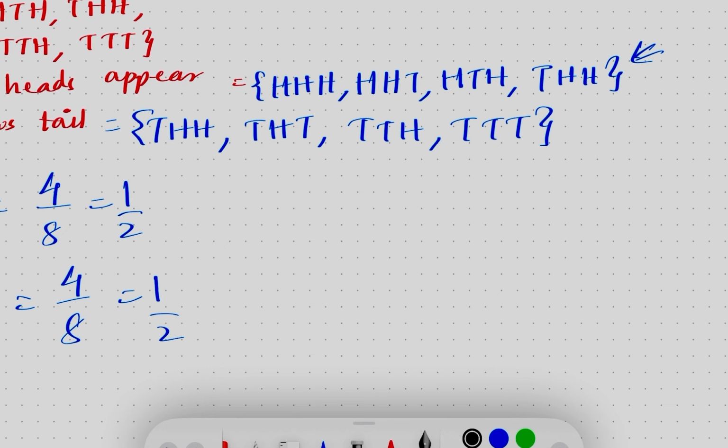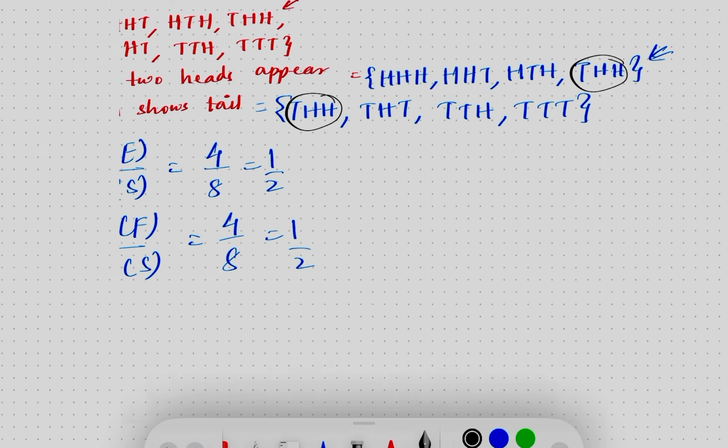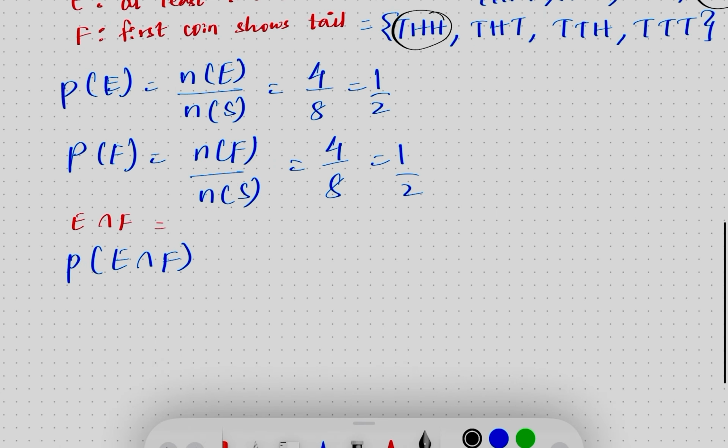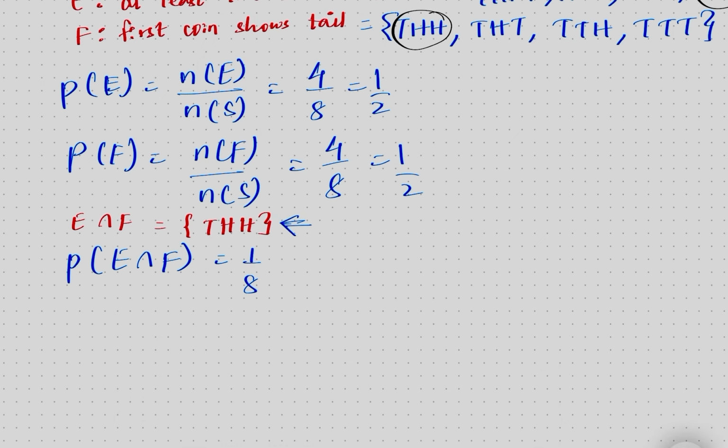We have THH. Is there any other element that is common here? Only one, right? So the probability for this one, we have THH, only one element, so the probability is 1 over 8.